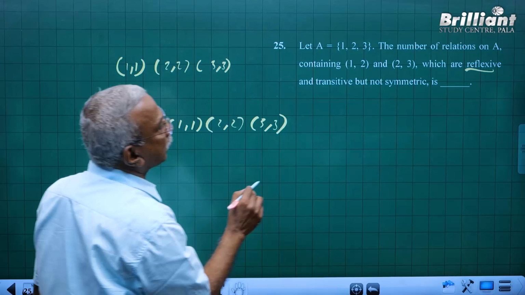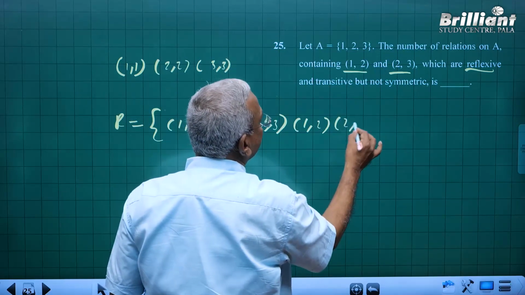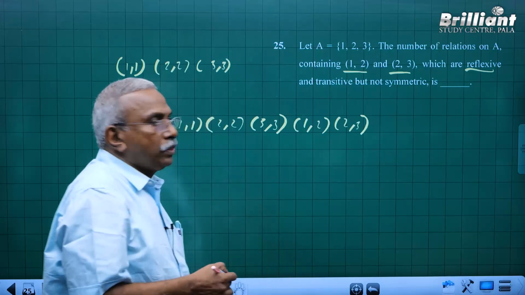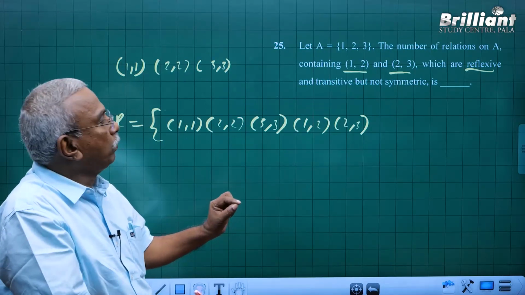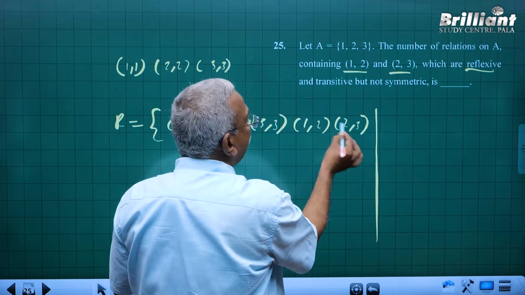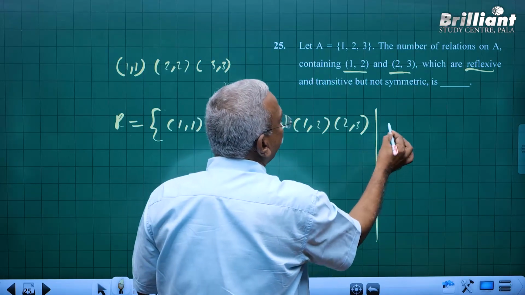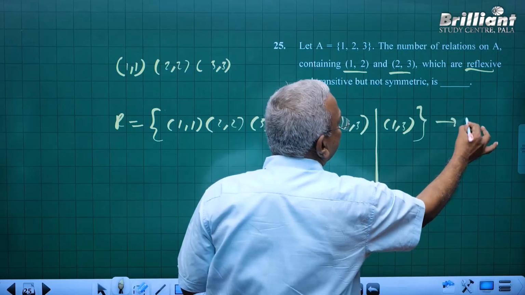Then that must contain these 2 elements, that is (1, 2) and (2, 3). So this should be transitive. How many such relations can be possible? So I draw a line and add this, this is transitive only if (1, 3) should be there. Then it is actually our first relation R1.